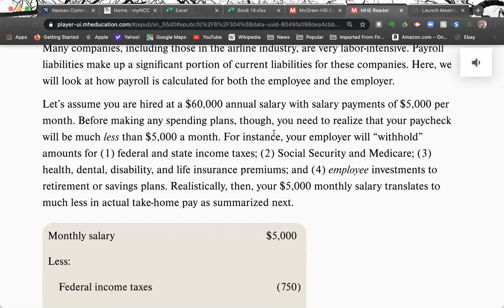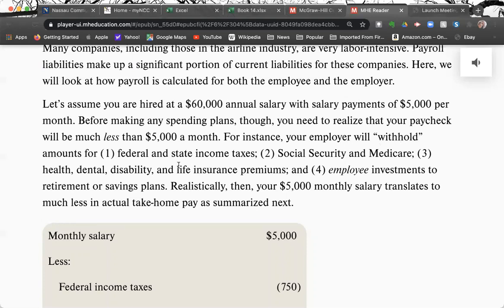And you realize that your paycheck is going to actually be less than $5,000 a month because all the taxes are going to come out. When things are taken out of your check, what do they call that? They call that withholding.